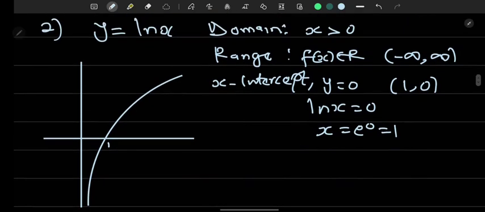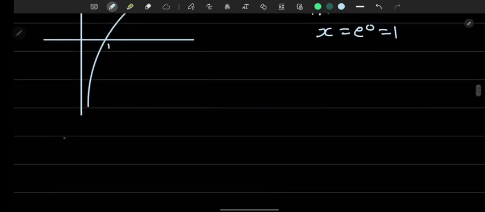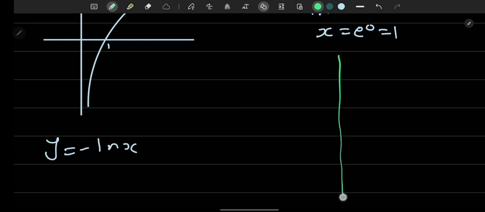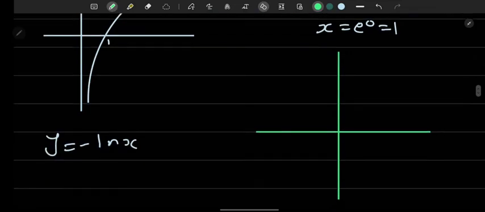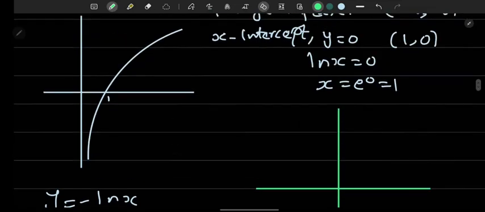Okay, so what you have here, we reflect on the x-axis, talking about y equals minus ln x. So for that one, it means that where you're supposed to have positive here, you will obtain negative in this function, and where you're supposed to have negative there, you have positive in the new function.